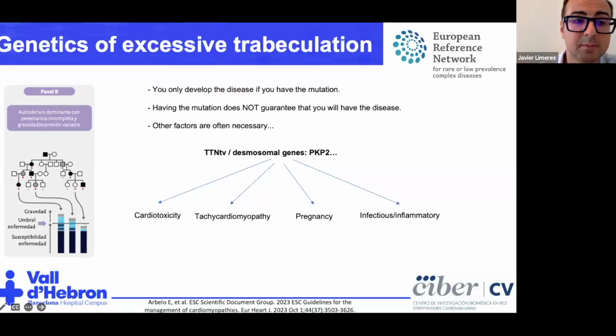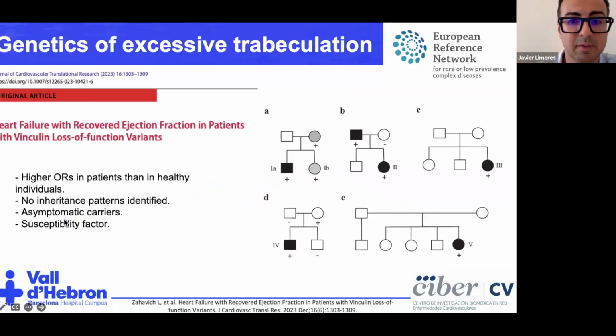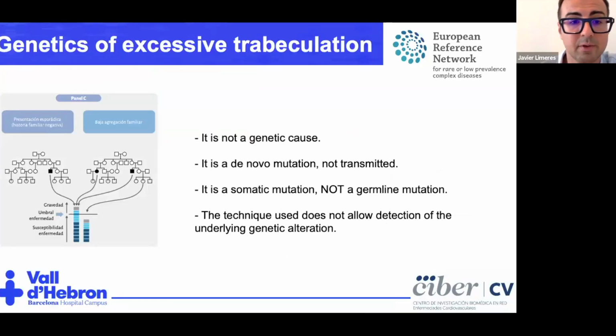So you have this kind of pattern of inheritance in the family. And sometimes we cannot find a good explanation for that, because this is similar with variants in, for example, vinculin, where you can find loss of function variants of this gene, and you cannot find other factors to explain the expression of that gene. So this is sometimes very, very difficult.